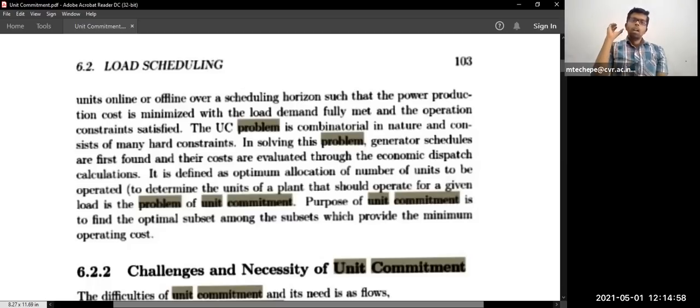Committing means selecting them so that they are in operation, the power production cost is minimized, and all the constraints, such as minimum and maximum limits, are satisfied. That is the main objective of the unit commitment problem.